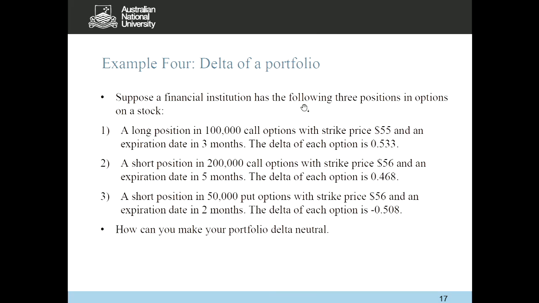I'll explain in detail. Basically, suppose the bank has the following 3 options positions in a stock. Okay, so the same stock. This bank has taken different positions in options written on the same stock, and the options perhaps have different strike prices and different times to maturity.